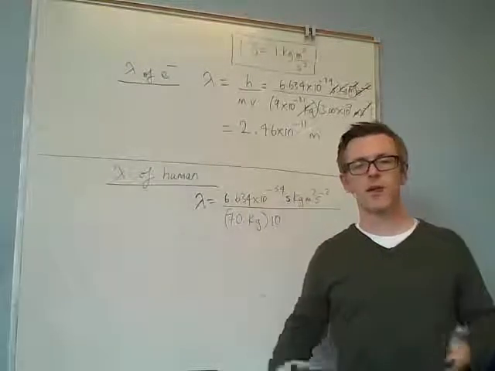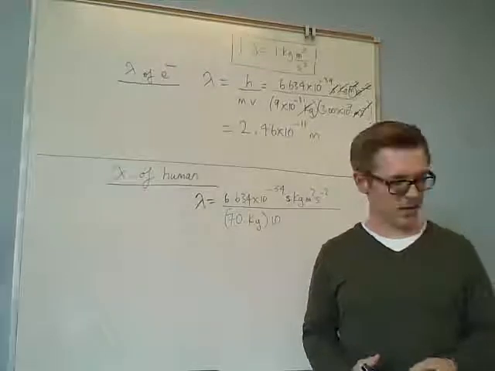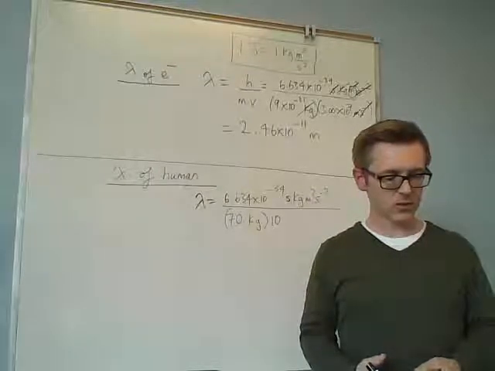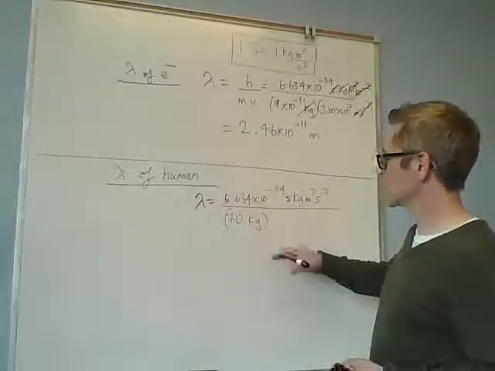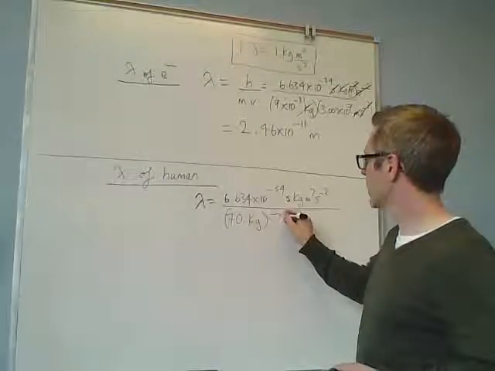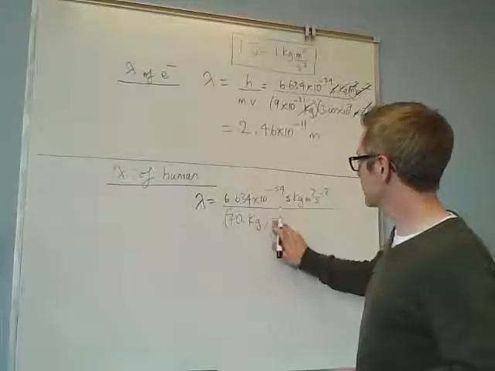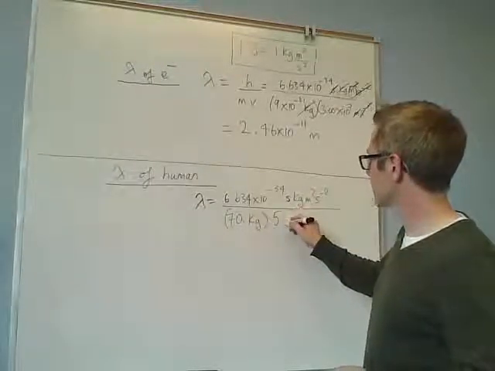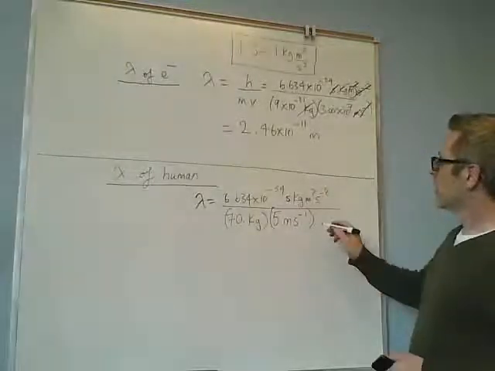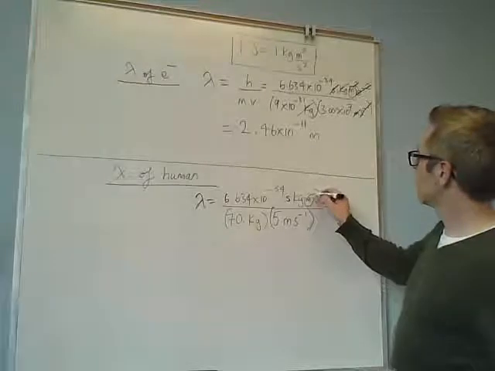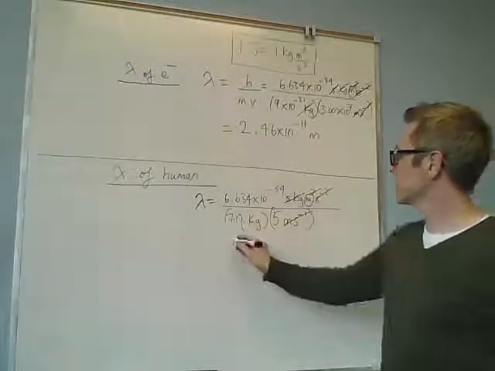Let's just quickly, rather than do a long dimensional analysis, say I can do 7 meters per second. Actually, that's pretty fast. Let's say 5 meters per second. The units will all cancel. As before, we're left with meter.